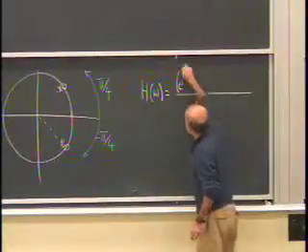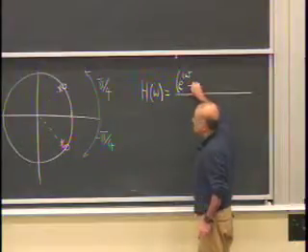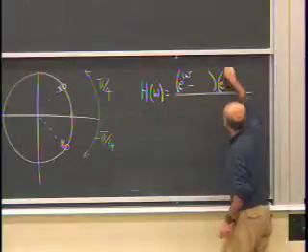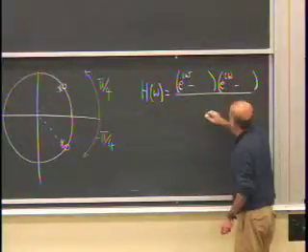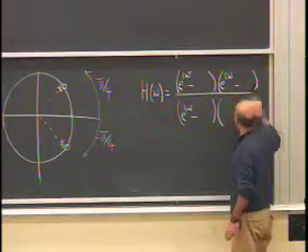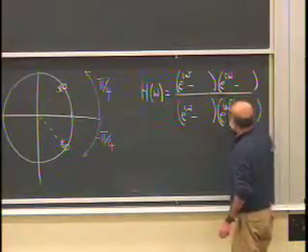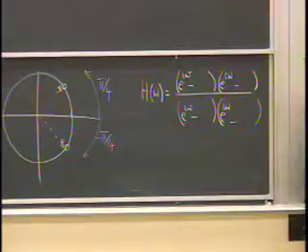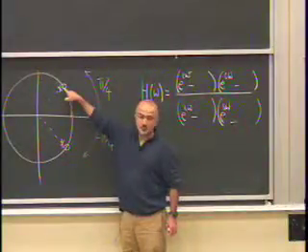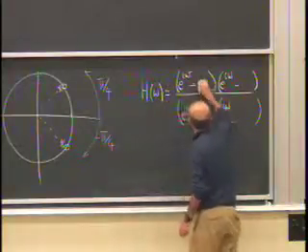I have an e to the I omega minus what? What is this number? E to the I pi over 4.